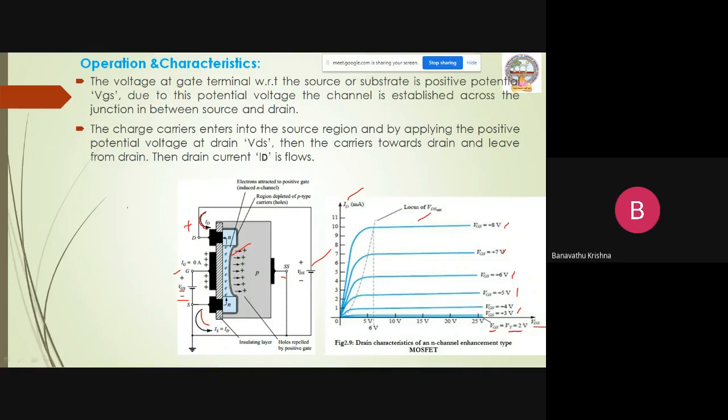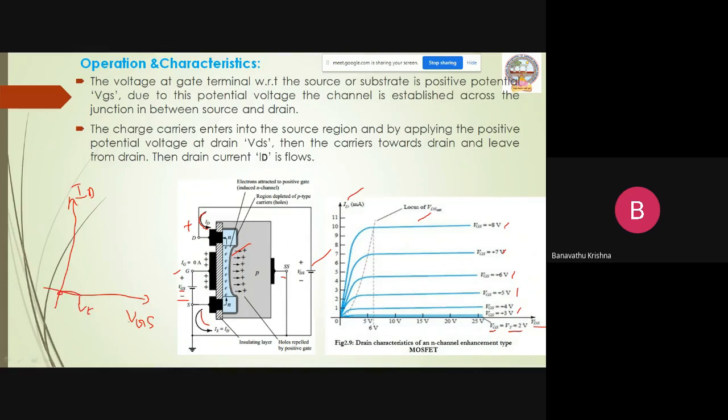Next, the transfer characteristics of this N-channel enhancement mode type. So this is ID here, and here it is VGS. For example, here it is VT. Up to this threshold voltage, the drain current is 0 here.